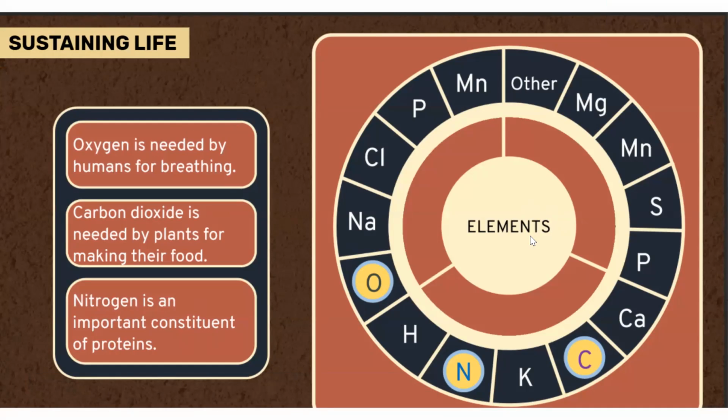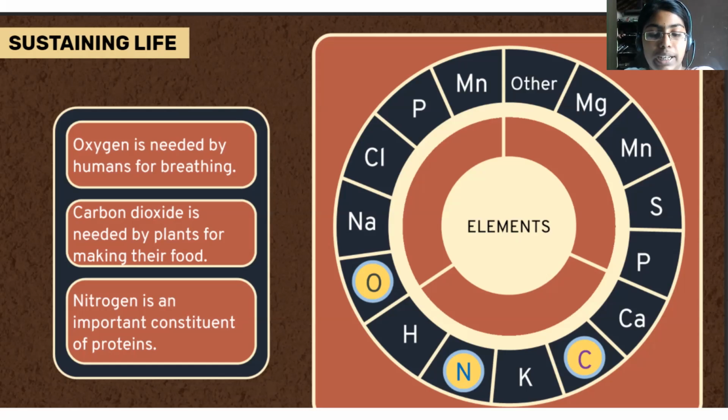Nitrogen will come in other, ma'am? No, it won't. In that, the major components are oxygen, nitrogen and carbon. That I've mentioned, Nandana. Okay. Other than this, you could write the other elements.